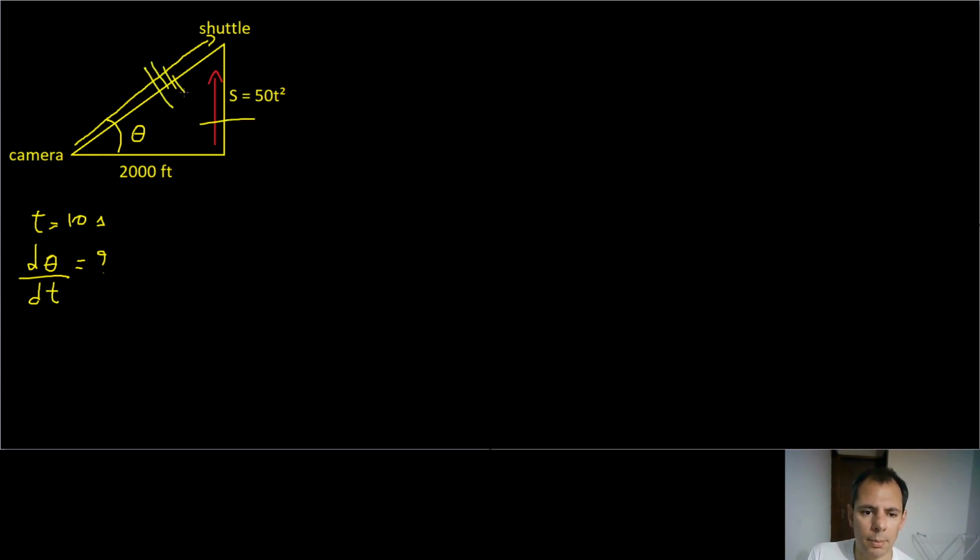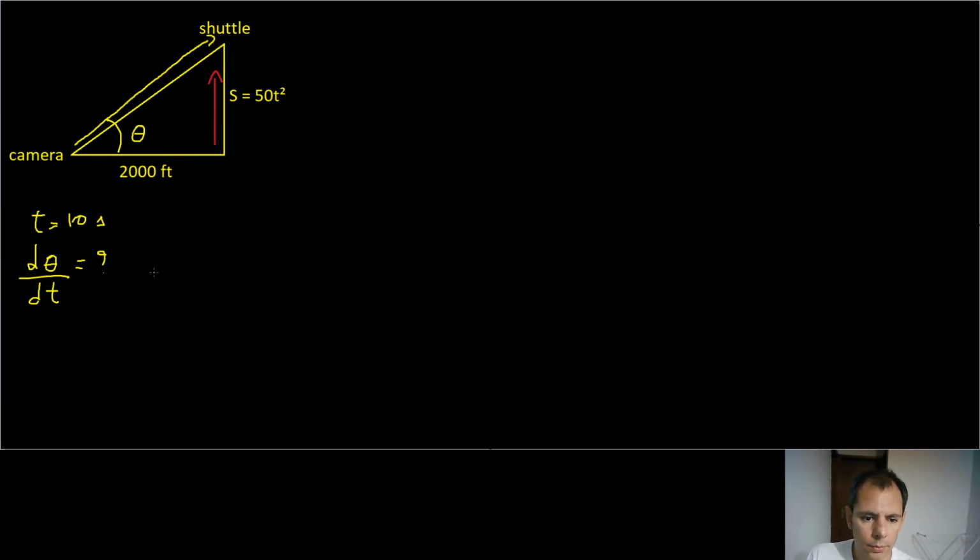We don't know anything about this side, so no. Okay, it's easier. We could find out, but it's easier. We're just going to find the tangent, because the tangent is going to be the side opposite to the angle, divided by the side adjacent to the angle, which is 2,000 feet. Okay, and this 2,000 feet is always 2,000 feet because the shuttle is going straight up.